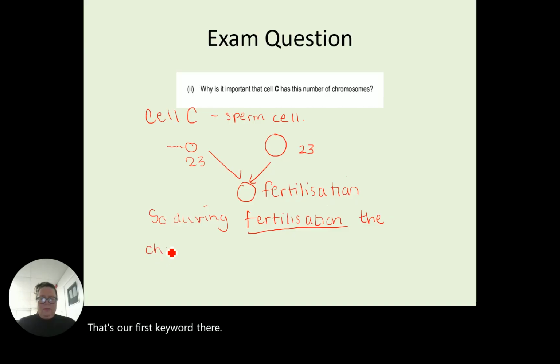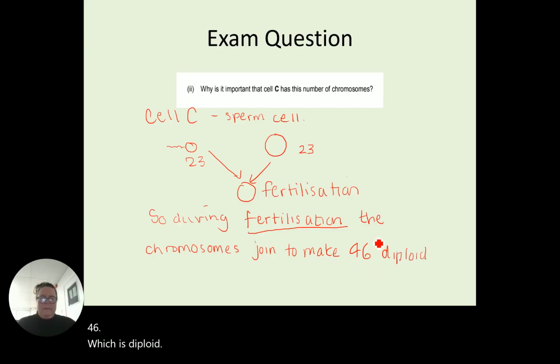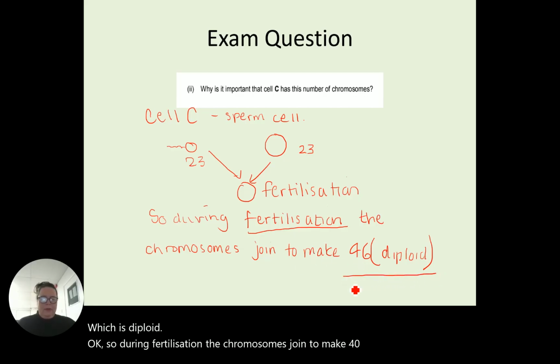The chromosomes join to make 46, which is diploid. Okay, so during fertilization, the chromosomes join to make 46, which is diploid. Write chromosomes there if you want.